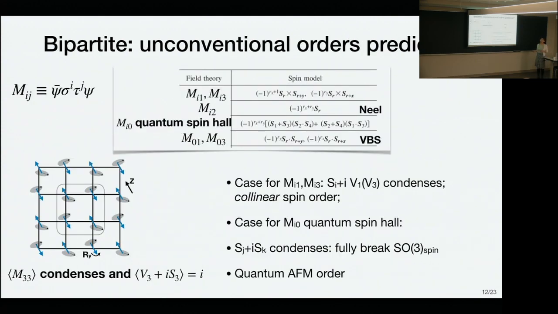So if we tune the interaction by hand such that one of the other 10 masses is generated, then there will be some unconventional orders other than the familiar Néel and BBS.